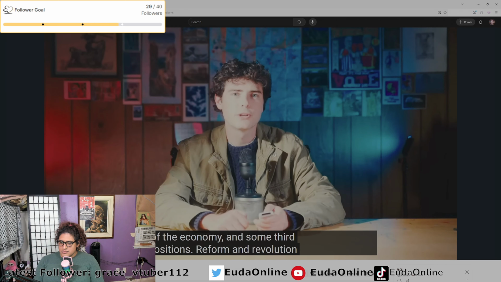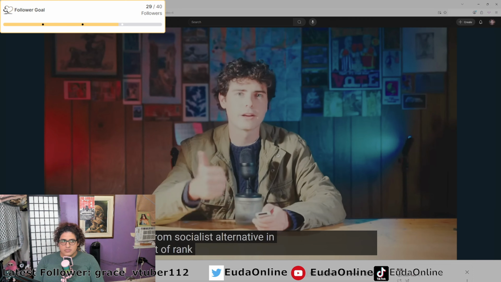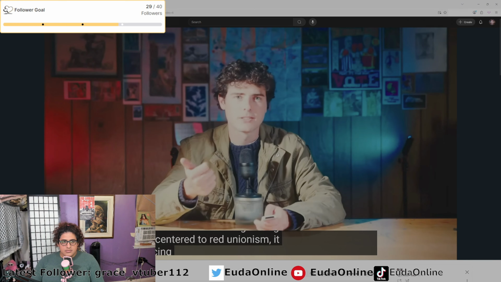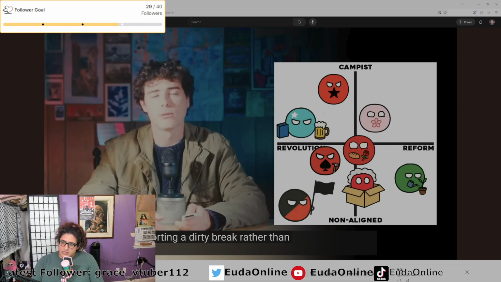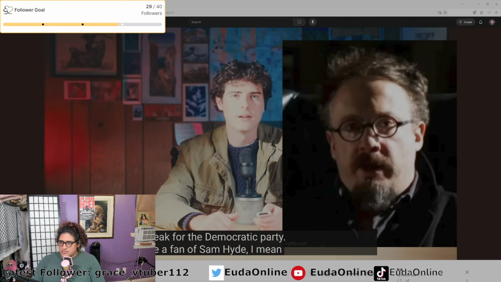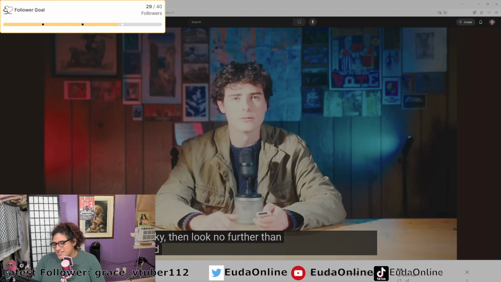Reform and Revolution diverges from Socialist Alternative in its support of rank-and-file organizing over staff-centered red unionism, its not practicing democratic centralism, and supporting a dirty break rather than a clean break from the Democratic Party. So if you're a fan of Leon Trotsky, then look no further than Reform and Revolution.